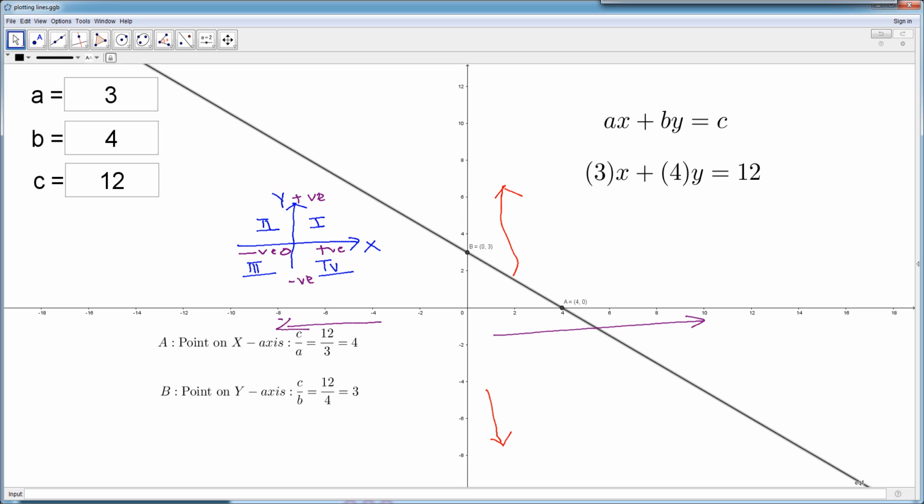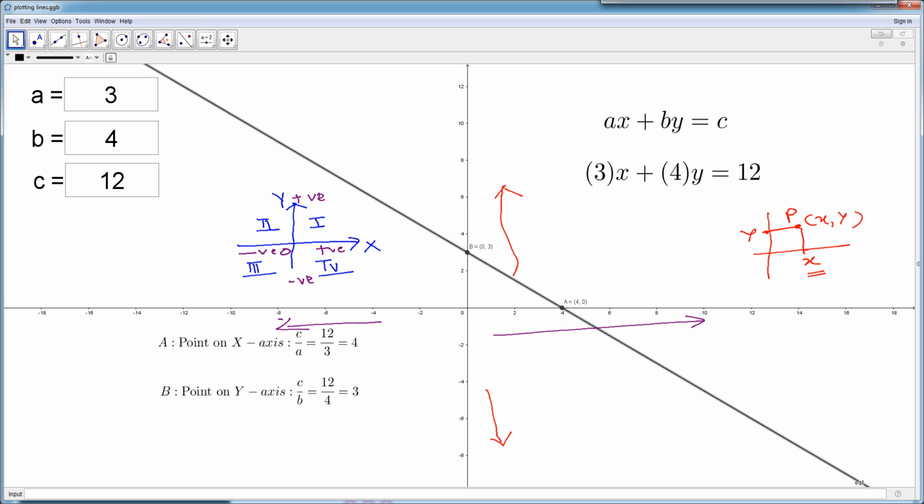Any point in the plane, we represent in the form x comma y. We drop a perpendicular from a point to the x-axis, and that is called the x coordinate of the point, and this is the y coordinate which is obtained by dropping a perpendicular to the y-axis. If I write the point as P, it will have the coordinates x, y.